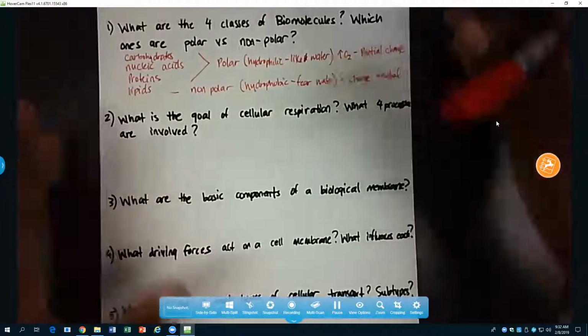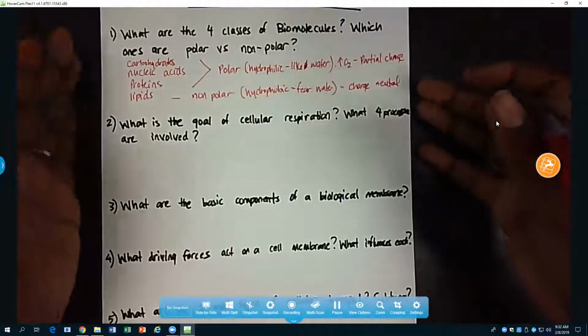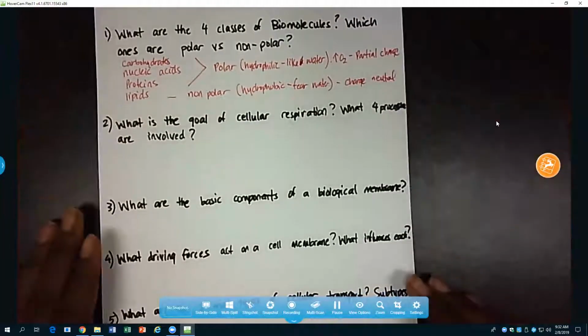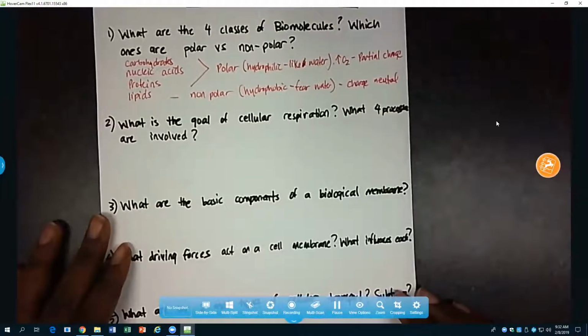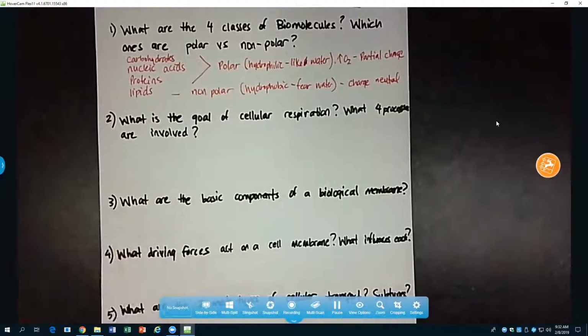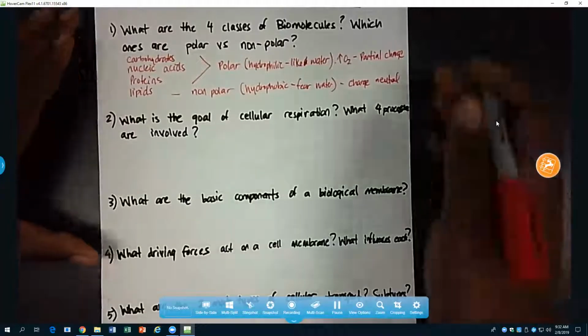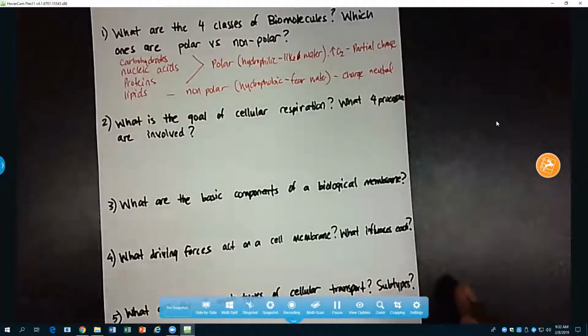Okay, let's go on to question 2. What is the goal of cellular respiration and what 4 processes are involved? What was the goal of cellular respiration? To make ATP, correct, yes. And what would we use that ATP for?